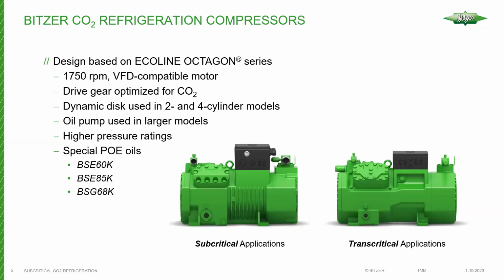And then, of course, the larger models, the 6 and 8 cylinders, require an oil pump, since the oil basically has a much longer way to go. The castings themselves have to be able to withstand higher pressures as well. So subcritical, we have those, and then there's the transcritical, which of course would require even higher pressure ratings, and we'll talk about what these pressure ratings are, just to give you an idea.